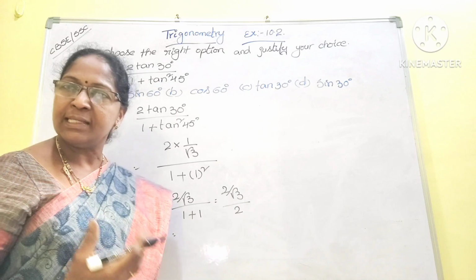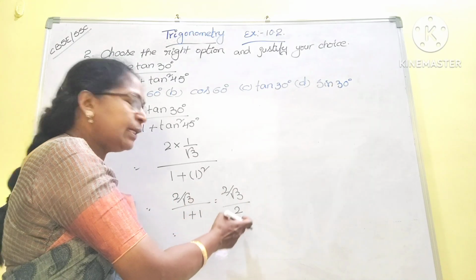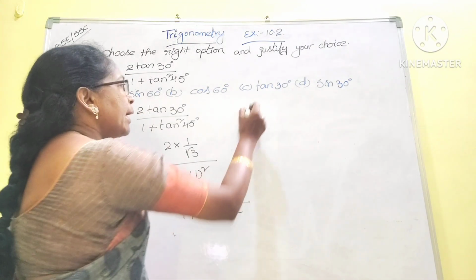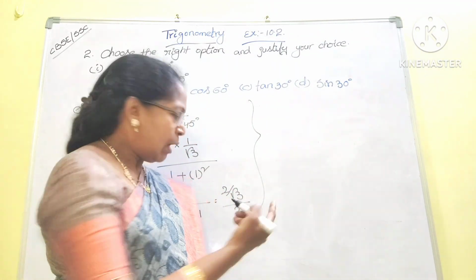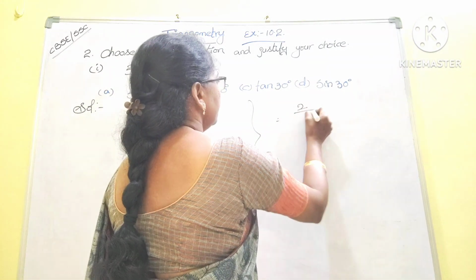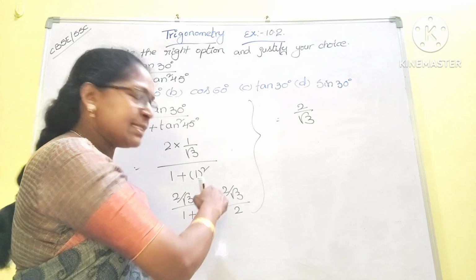Whenever a fraction is there in the numerator or in the denominator or both, the procedure you have to follow is to write down that numerator value, whether it is a whole number or a fraction, as it is. So 2 by root 3 fraction is there in the numerator, as it is you write.